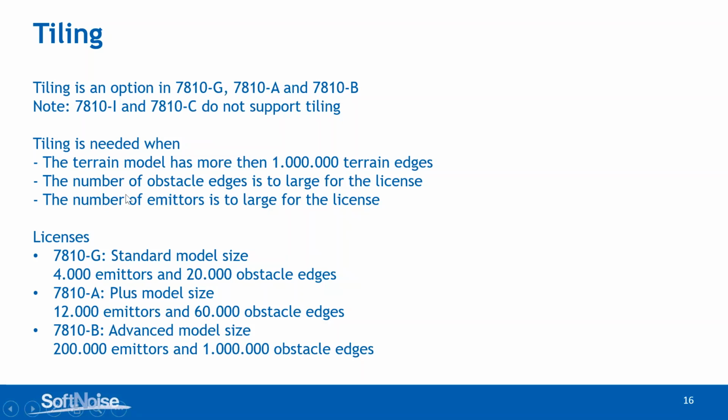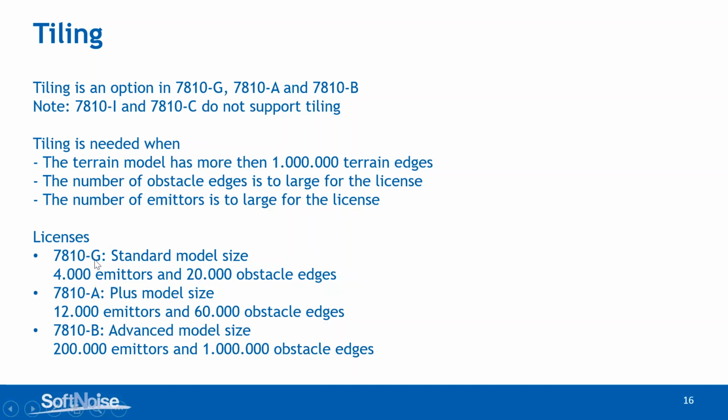Another reason for tiling is when the number of obstacle edges or the number of emitters is too large for your license. Because a 7810G license, that's a standard model size, can contain 4,000 emitters and 20,000 obstacle edges for the calculation. Again, you can create any size of model you want, but when you press calculation, there's a check on the model size.